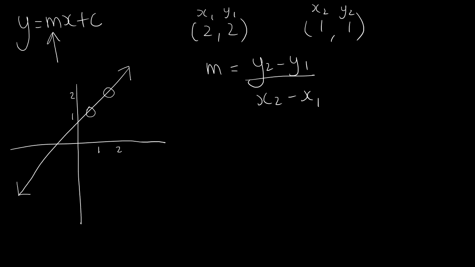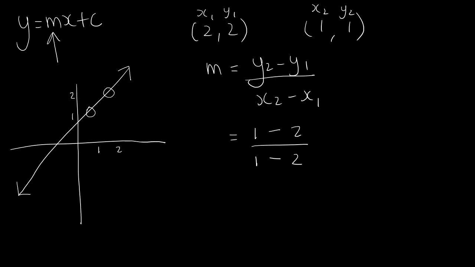Using this formula, we're just going to substitute from the coordinates given to us. So y2 is 1, minus y1 which is 2, over x2 is 1, minus x1 which is 2.